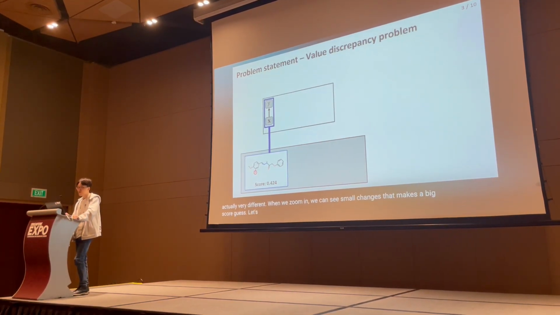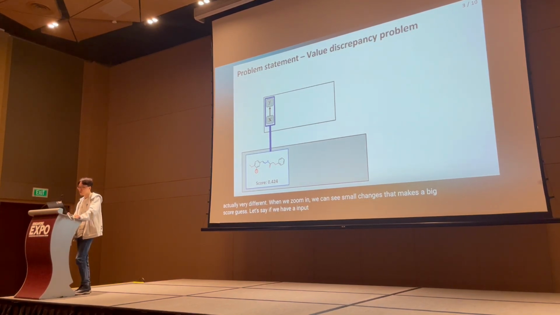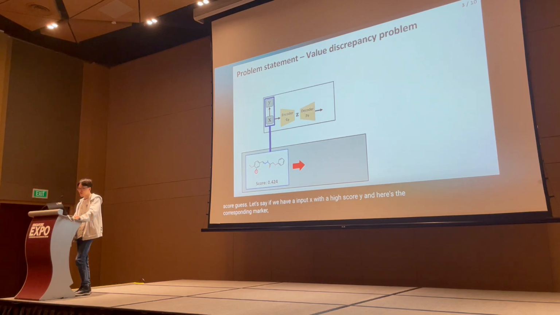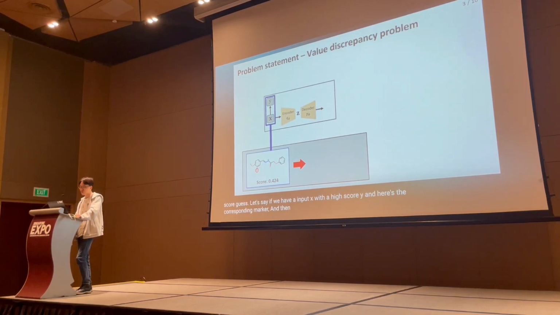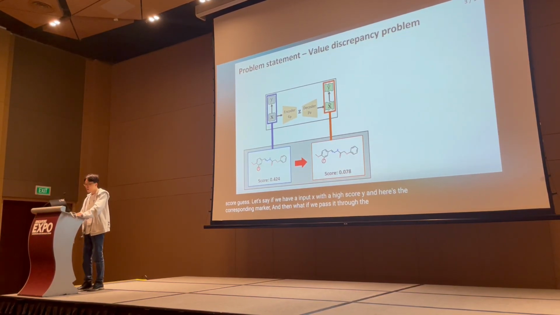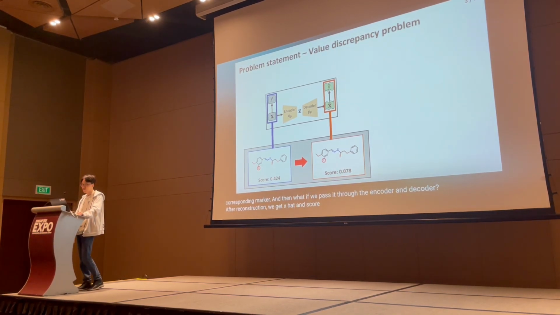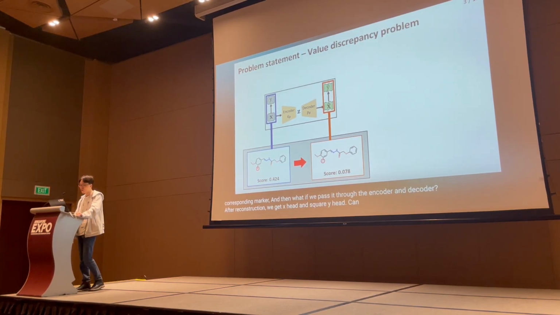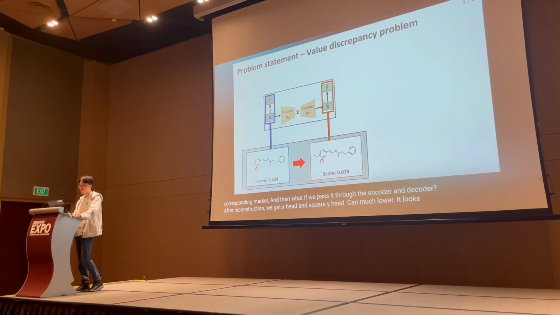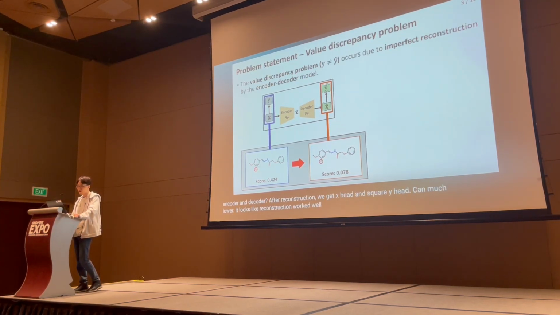Let's say we have an input x with a high score y, and here's the corresponding structure. What if we pass it through the encoder and decoder? After reconstruction, we get x hat and a score y hat that is much lower. It looks like reconstruction worked well, but this is the value discrepancy problem.